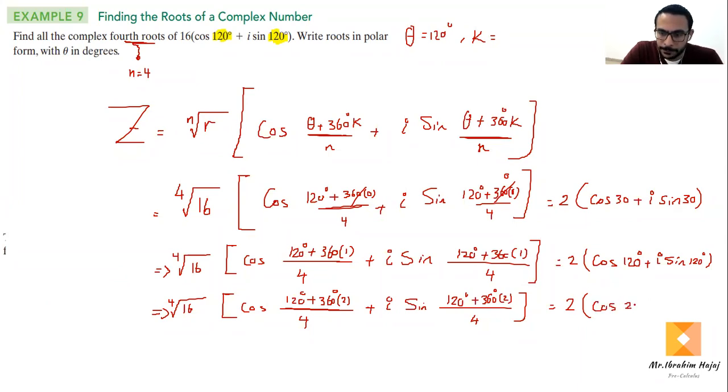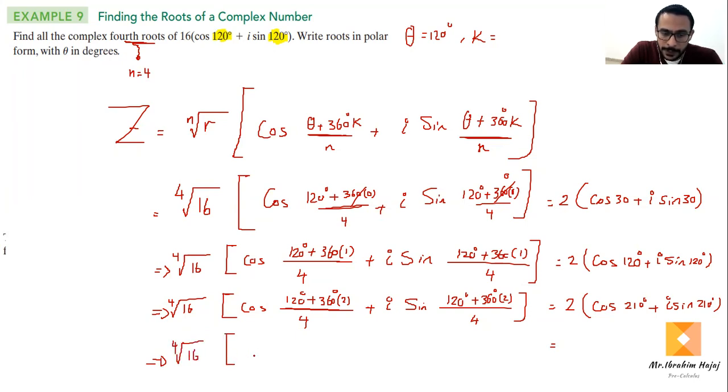Cosine 210 degrees plus i sine 210. And so on, guys, until the last one.